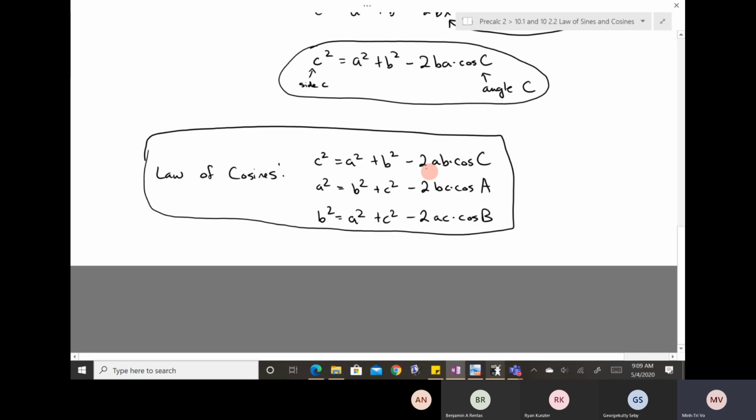Basically they look almost exactly the same, and the thing you're looking for is which angle you're dealing with. If you're dealing with angle C, you would use this one. If you're dealing with angle A, you would use this one. And if you're dealing with angle B, you would use this one. So basically, the law of cosines looks very similar to the Pythagorean theorem, except you have this extra term because it's not actually a right triangle.